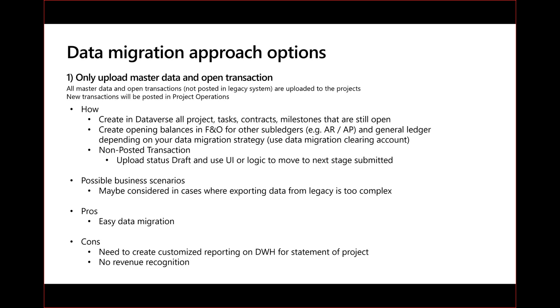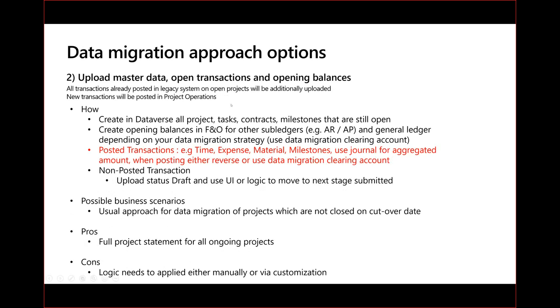So in most cases, we assume that besides doing what you have been doing in the first scenario, you are also going to add all transactions which were already posted in the legacy system for the open projects that were migrated. And how are we going to do that? Basically, all the steps are the same.